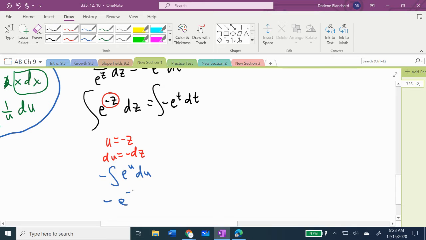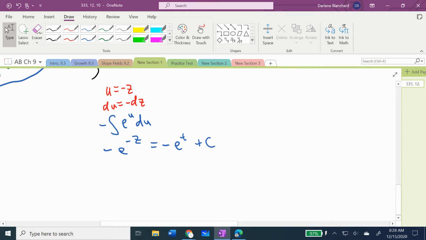Plug the u back in, and the left side is integrated. On the right side, I have constant multiple negative 1, and then e to the t, integral is e to the t, plus unknown constant. And now I'm going to multiply both sides by negative 1.